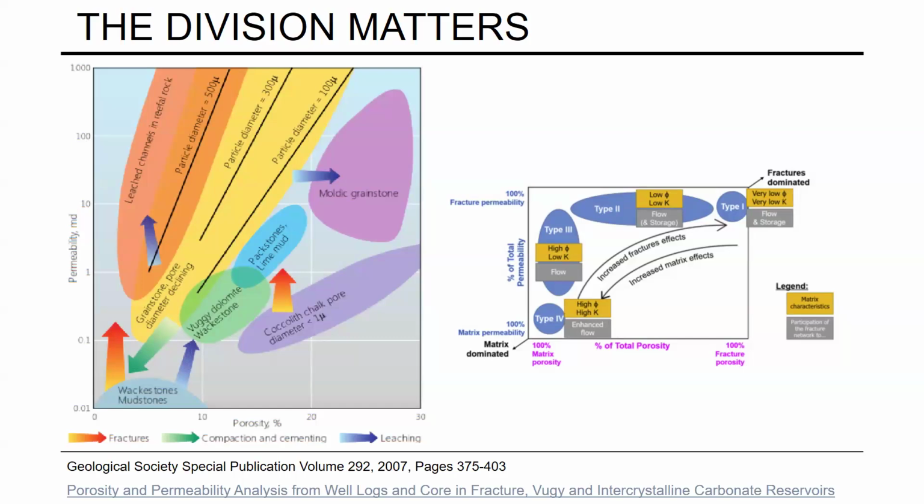Before going to the next slide, a small recap of this presentation. What I'm trying to establish is that we are in the MENA region, where most of the major oil and gas production is coming from carbonates, and these carbonates produce mostly from matrix or from fractures.